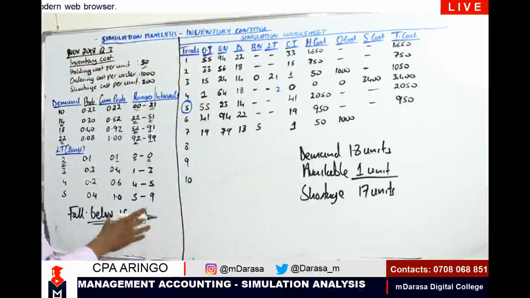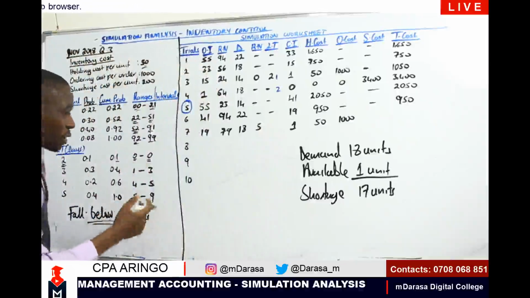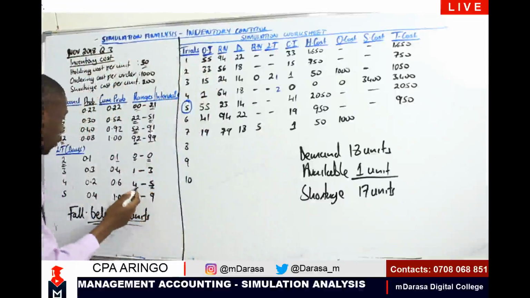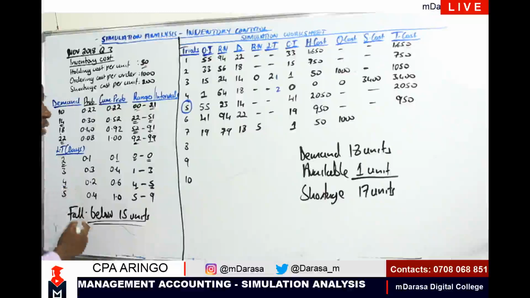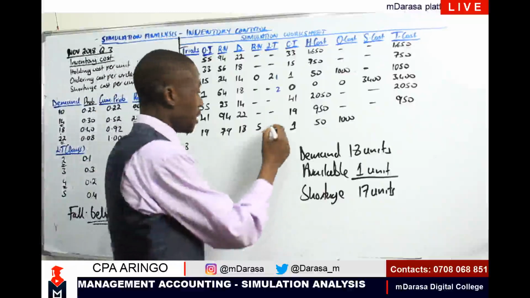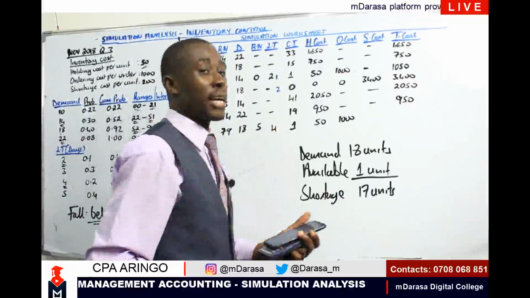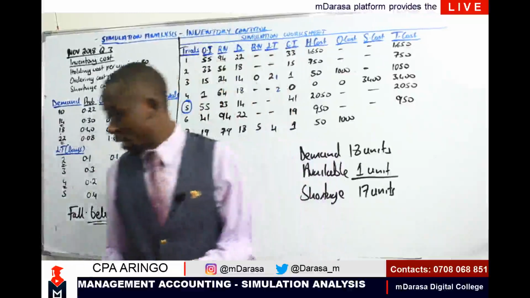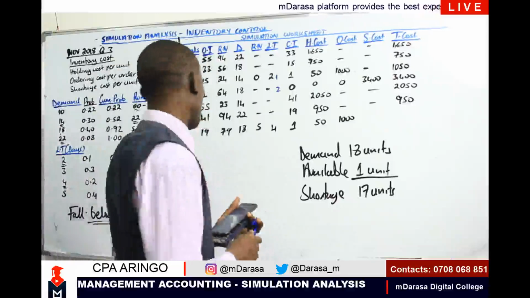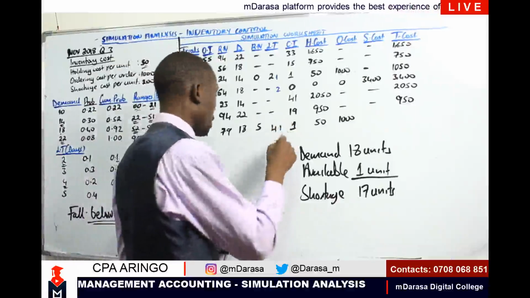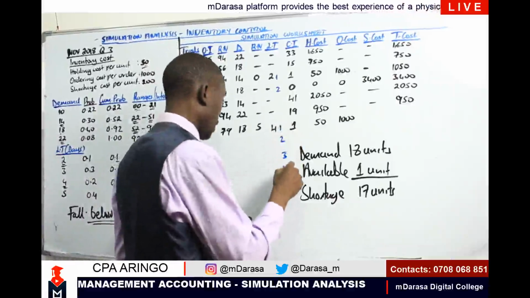Come to our lead time schedule. Look at where 5 will fall. 5 will fall between 4 and 5 to give us 4 days. So I'm going to receive these goods that we are ordering on the 7th after 4 days. Day 1, day 2, day 3, day 4.